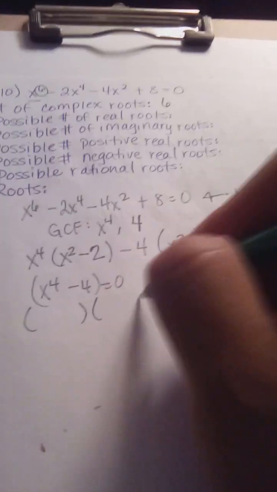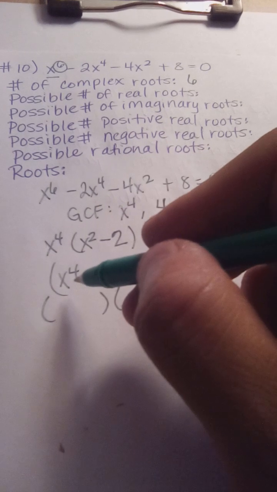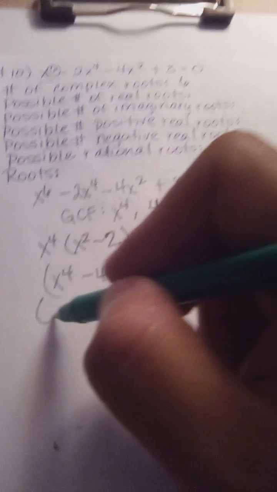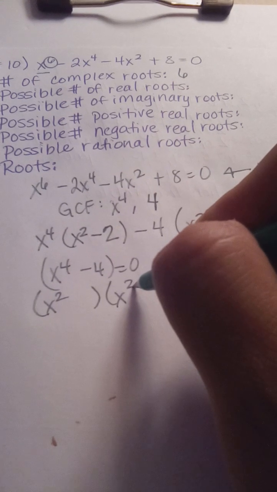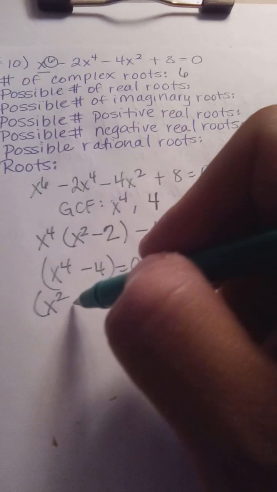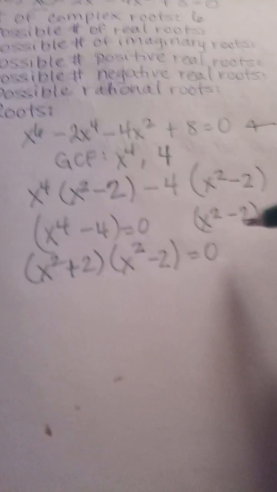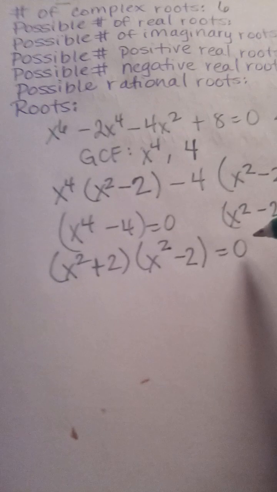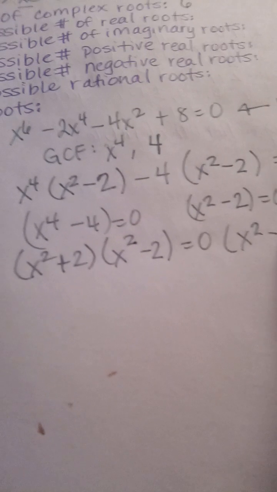Factor out these two. What are the factors of x to the fourth? x squared, x squared. And then we have a plus 2 and minus 2. And then, okay, that's how we got that. Then we got x squared minus 2 equals 0.